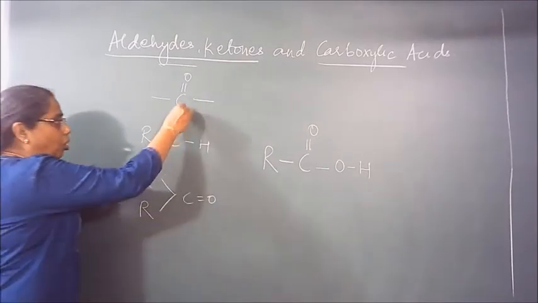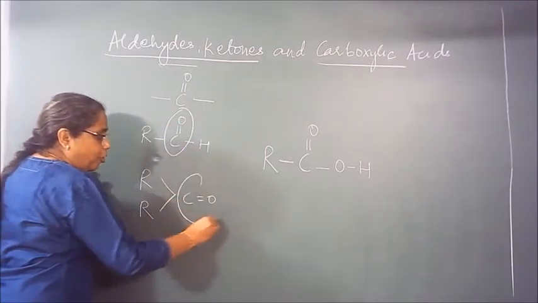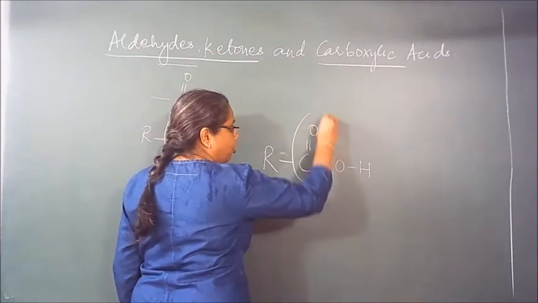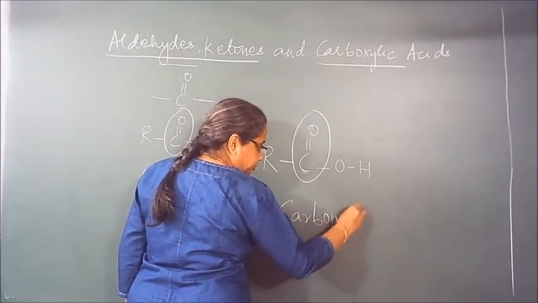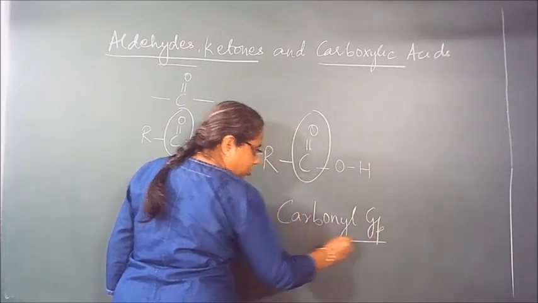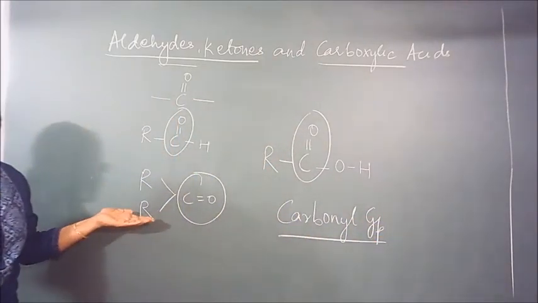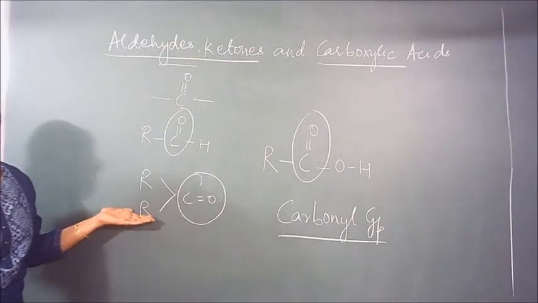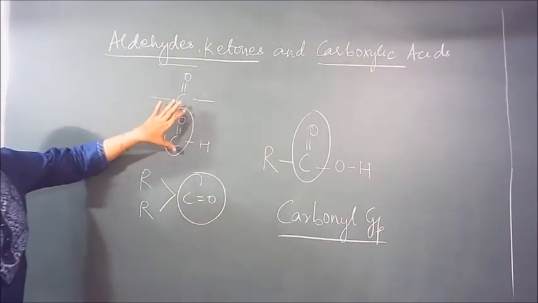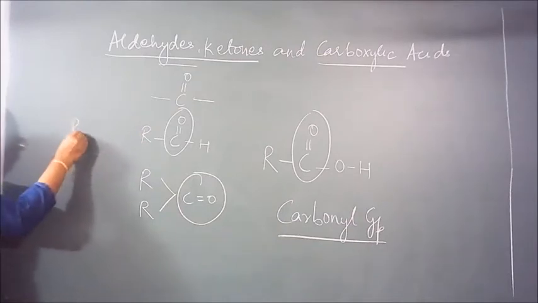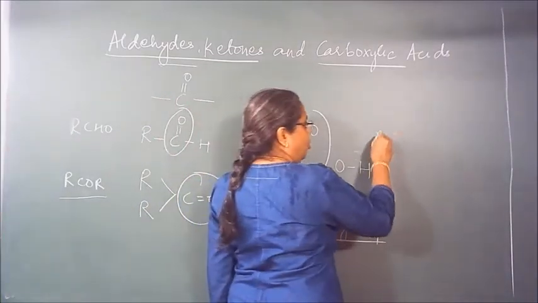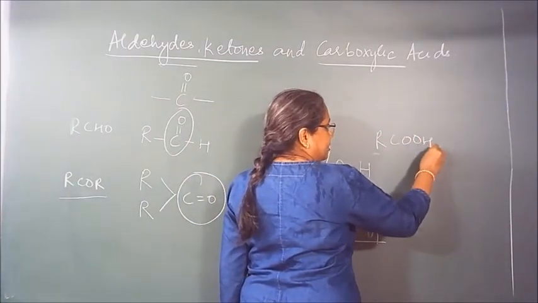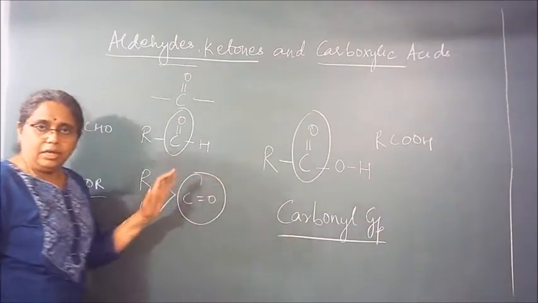Because all three of them have a prominent C double bond O, which is called the carbonyl group. So these compounds are called carbonyl compounds. RCHO is an aldehyde, RCOR is a ketone and RCOOH is an acid or carboxylic acid.